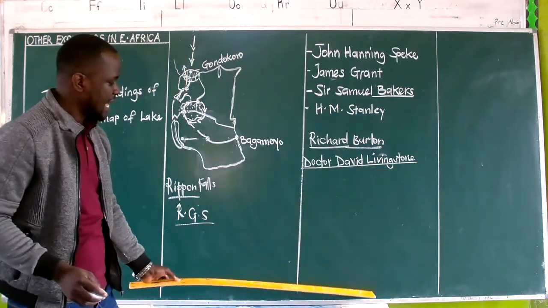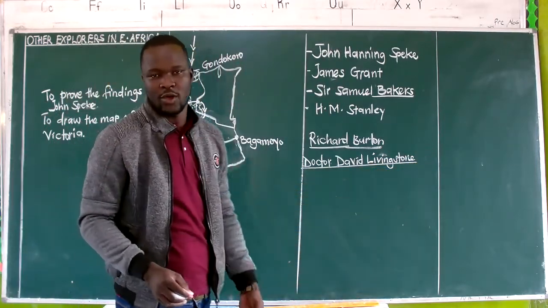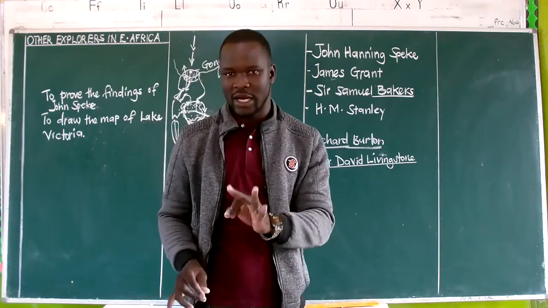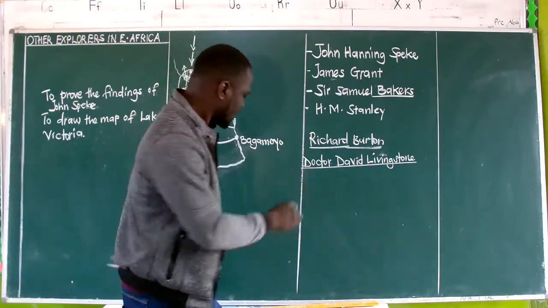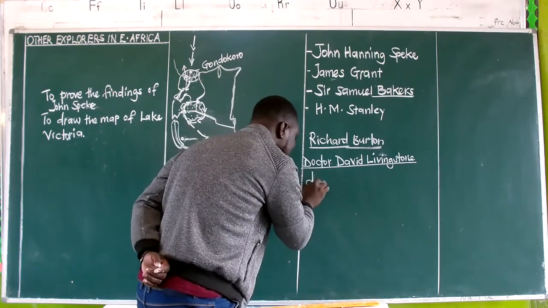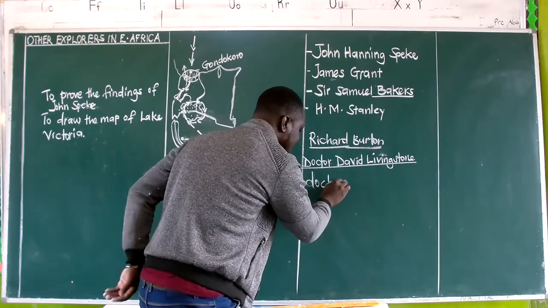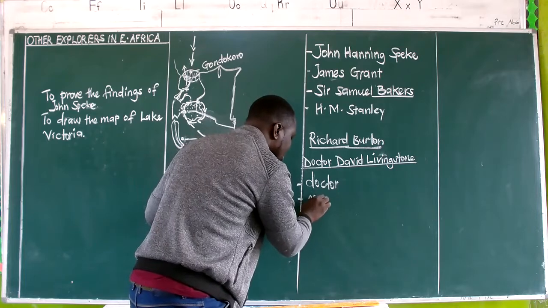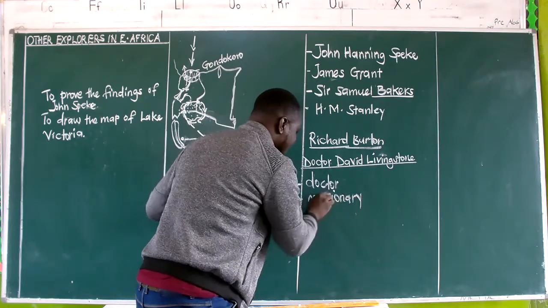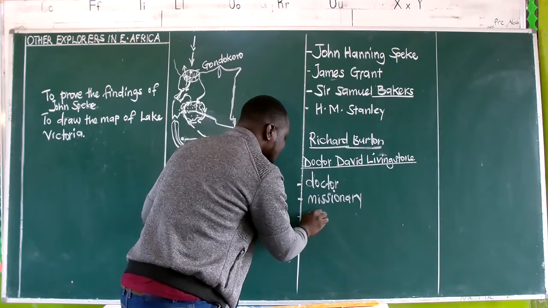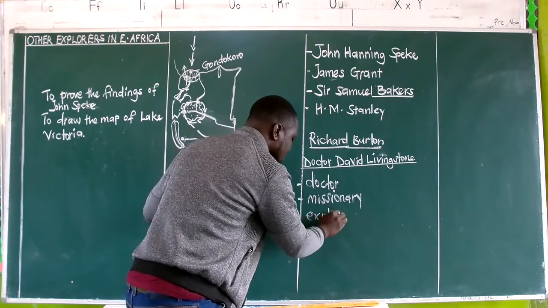Now, this was a person who was, we can say he was 3 in 1. One, he was a doctor, as we have already said. That is number 1. Number 2, he was a missionary. At the same time, he was an explorer.